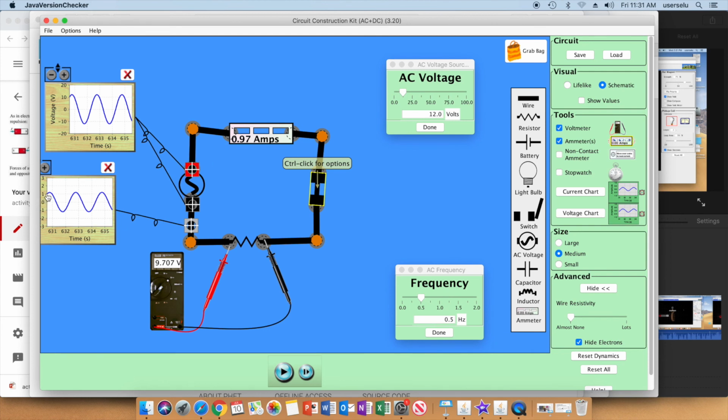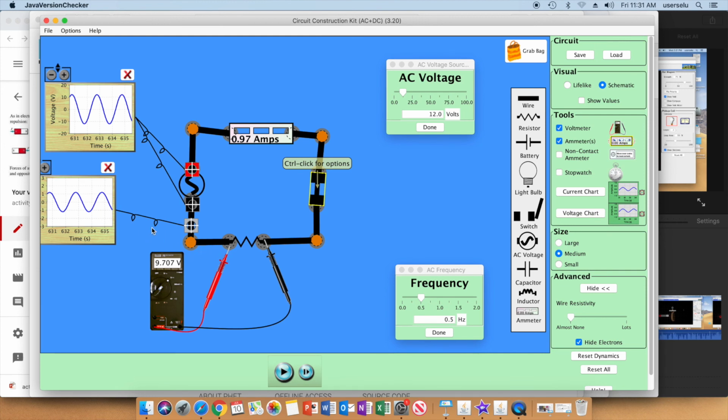And if I come over here and look at the origin, the time 0 point on my current scale, I also see that the current is at that same point as well.